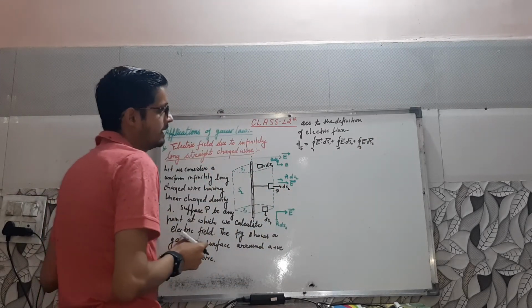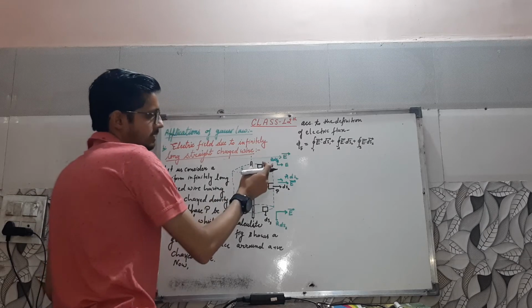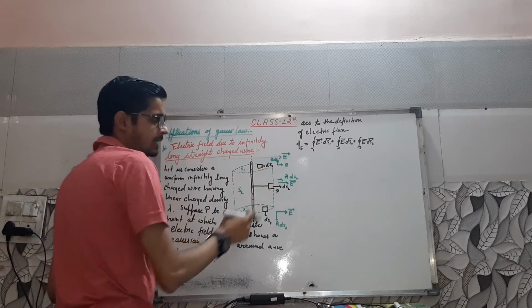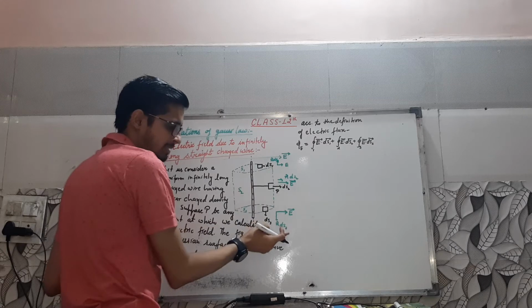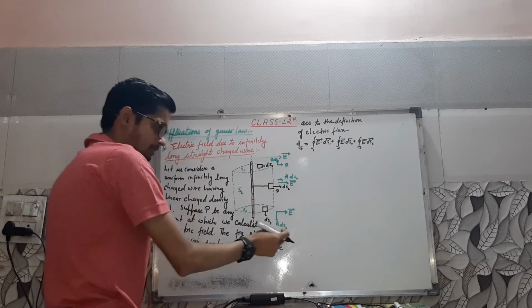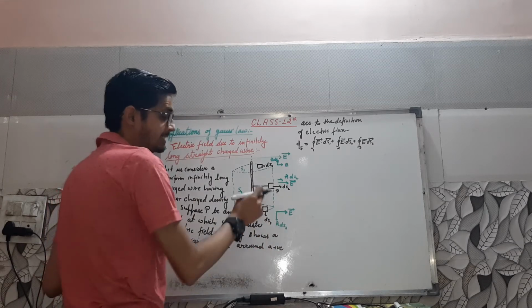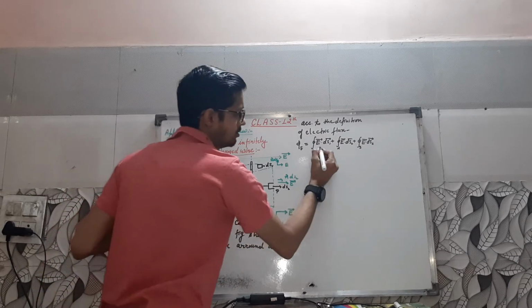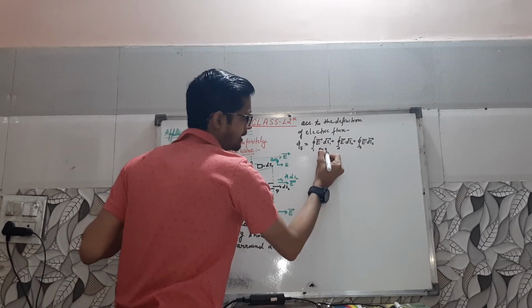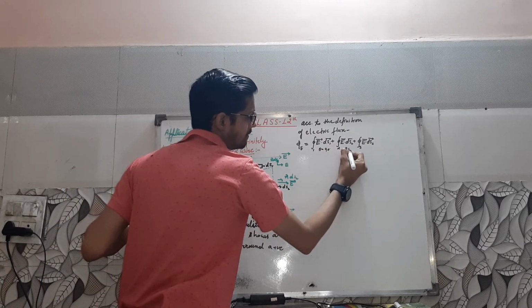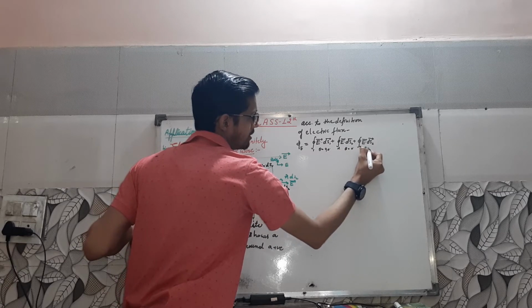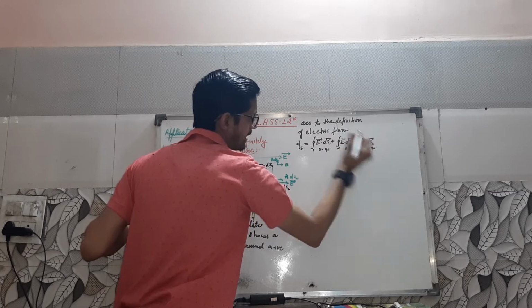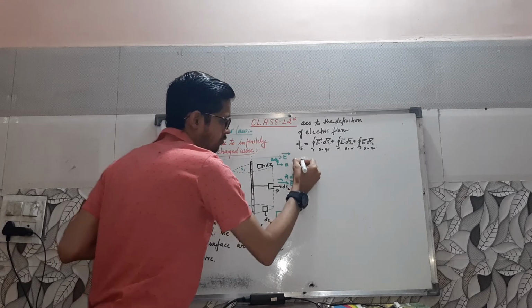Here, what is the angle between E and ds1? The answer is 90 degrees. In a similar way, in the third case the angle is 90 degrees, but in the second case the angle is 0 degrees. So theta is 90 degrees, then 0 degrees, and then again 90 degrees. So what's happening?